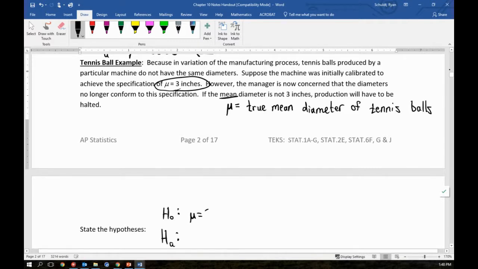That's our null. What's the opposite of equal to? Less than or greater than, or we could say in one symbol, not equal. So an alternative is that mu is not 3.